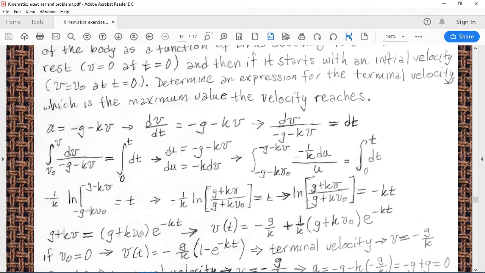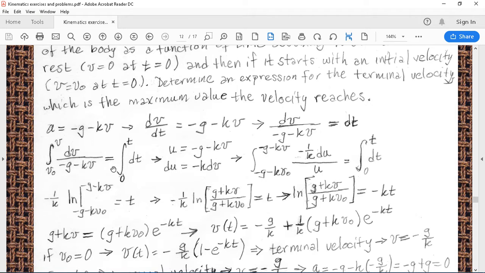By making a certain change of variables, we name this new variable u, and u equals minus g minus kv, so that du equals minus k dv. That means that dv equals minus du over k, which is what we have here. So we replace dv with minus du over k, and here this is u.